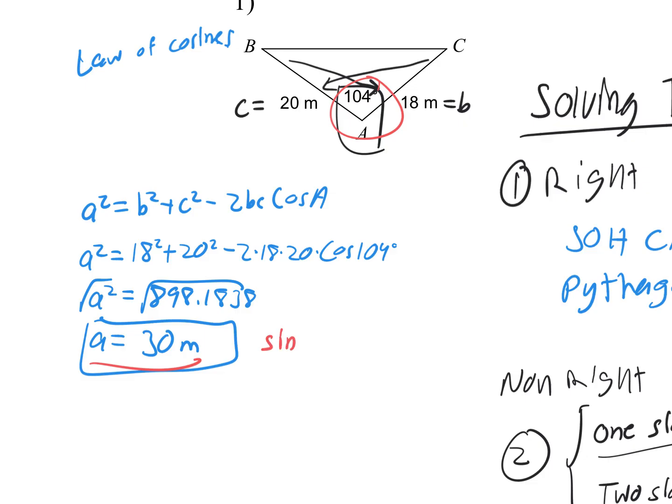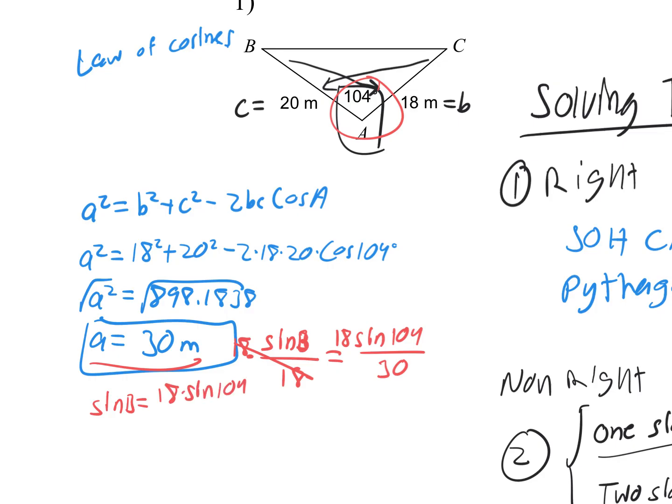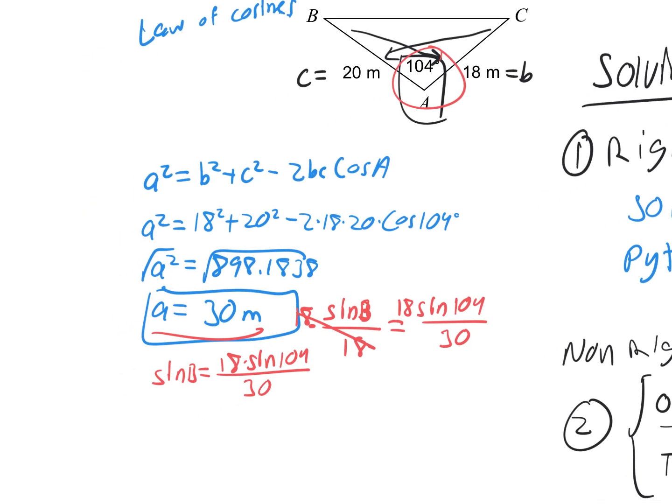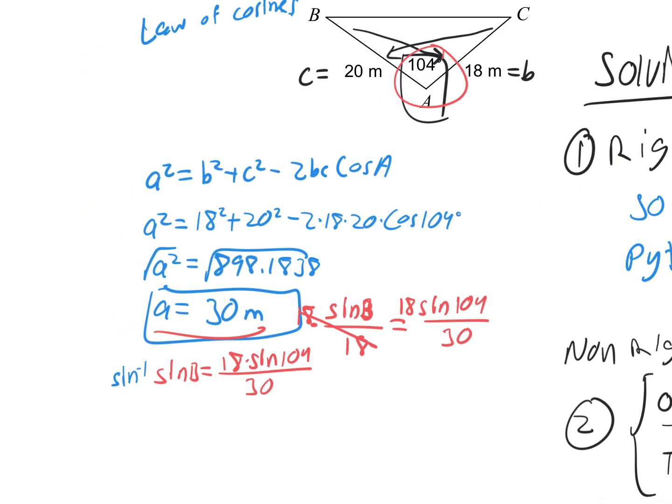Let's say I want to find angle B. Remember that the law of sines is sine B over b, which is sine B over 18, equals sine A over a, so sine of 104 over 30. Then to get sine B by itself, I would multiply 18 on both sides, cancel it out. And then I get sine B is 18 times sine of 104 over 30. And then I would do sine inverse on both sides to cancel it out.